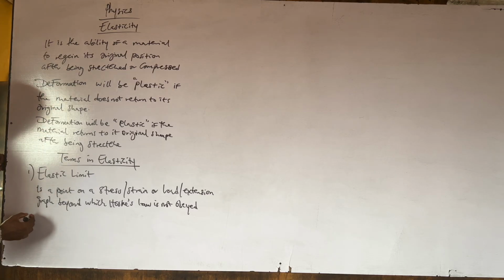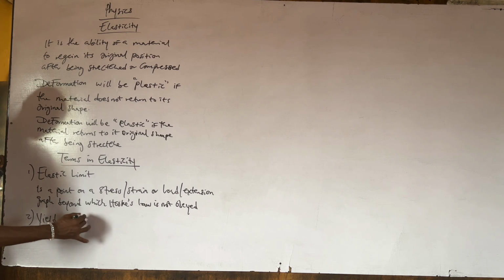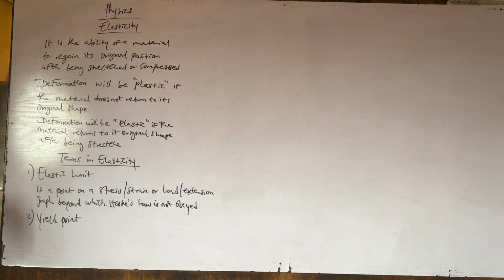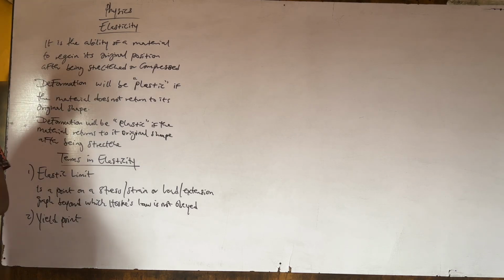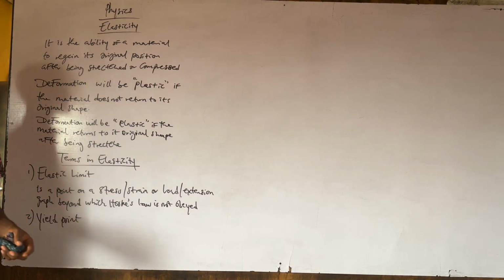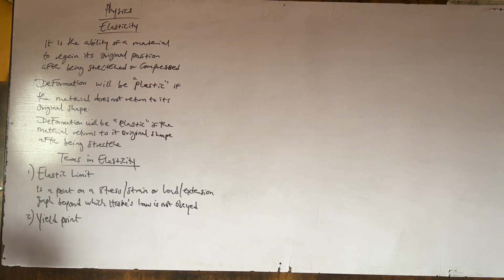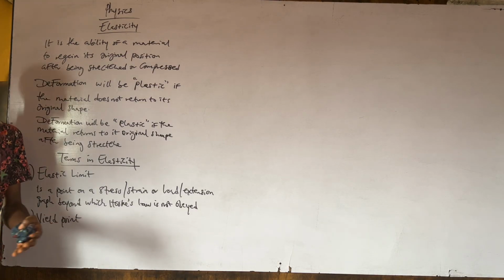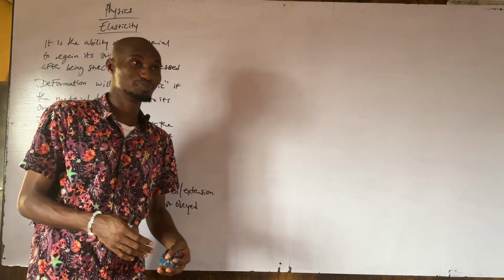Another one we need to know here is yield point. What is yield point? Yield point is a point on a wire where the material cannot return again to its shape. Are you there?